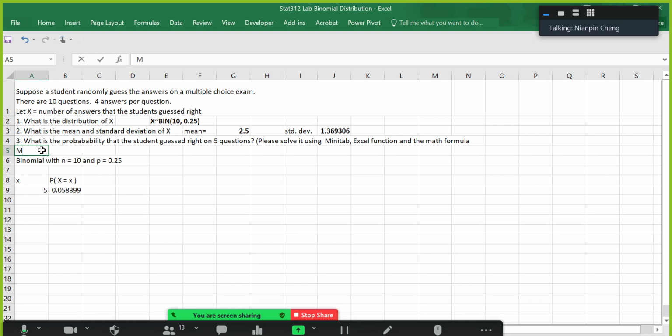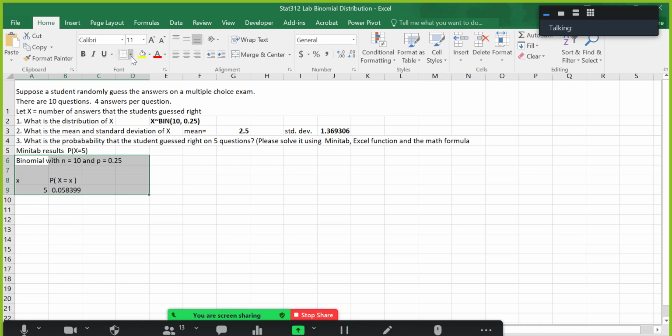So this is the Minitab result. This result is the probability that x equals 5.